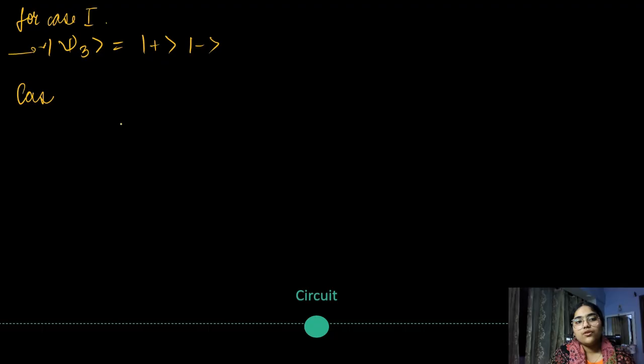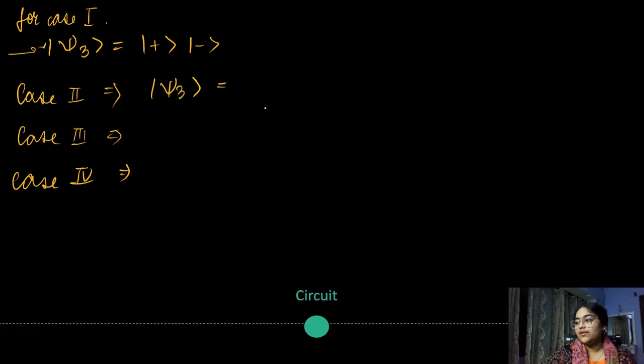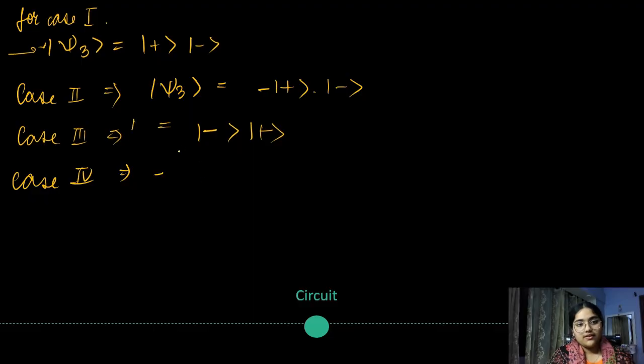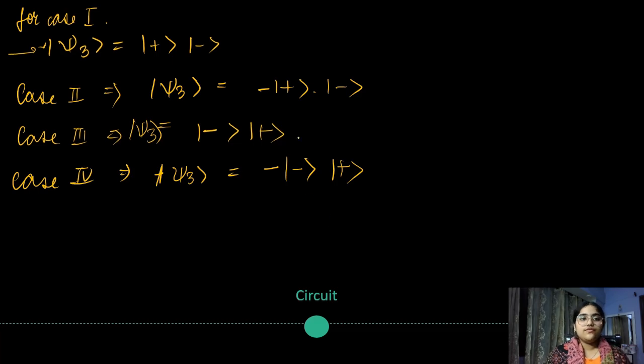Similarly for case 2, case 3 and case 4, psi 3 here will be equal to minus gate plus into gate minus, or minus gate minus into gate plus. Okay, so these are the values for psi 3.